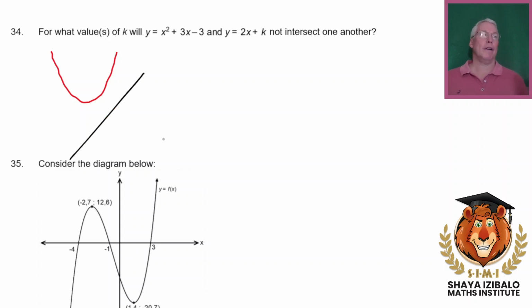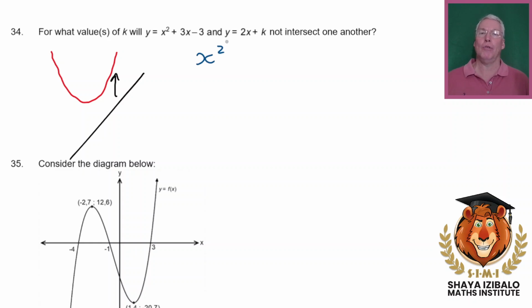As I've drawn it at the moment, they do not intersect. But obviously, if k was bigger, then they would intersect. There'd be a point at which they'd just touch, and then a point after which they would actually intersect. Now, when we want to find out where graphs intersect, we solve them simultaneously.